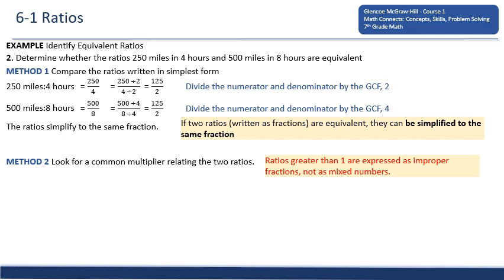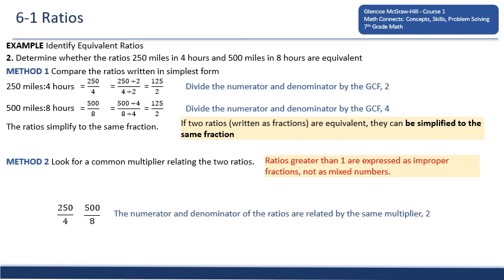Method 2, look for a common multiplier relating the 2 ratios. So in the previous example, or the same example, I guess, we have 250/4 and 500/8. The numerator and denominator of the ratios are related by the same multiplier of 2, meaning 250 times 2 is 500, 4 times 2 is 8.